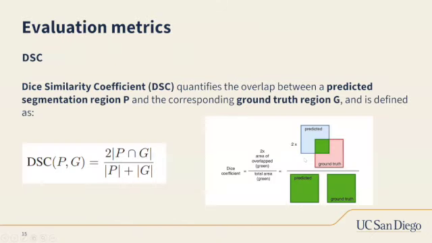So in this project, we used three different evaluation metrics to evaluate the segmentation performance of our model. The first one is the Dice similarity coefficient, which quantifies the overlap between a predicted region and the corresponding ground truth region. It is defined as two times the intersection between the two regions divided by the sum of the two regions.